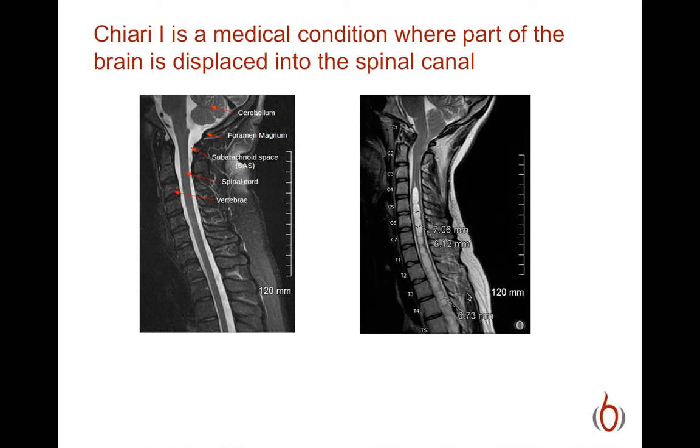Here you see an image of a healthy person and also a Chiari patient. Since we know that about the same amount of fluid goes up and down, you see this healthy person has a lot of space, whereas in the Chiari patient there is a very tight area, in particular near foramen magnum here.